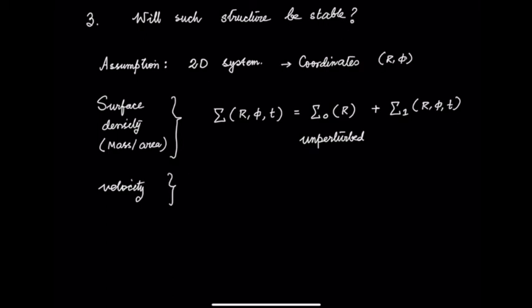The velocity v is a vector, a function of r, phi and t, and it has the tangential rotation velocity, which is only a function of r.